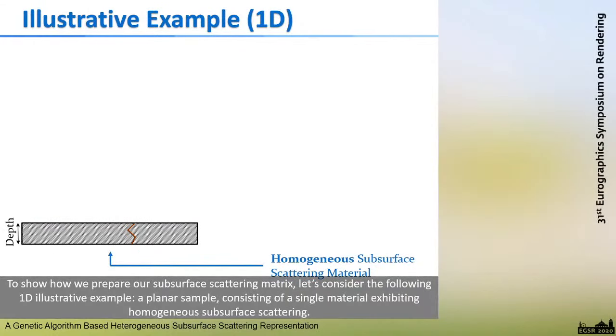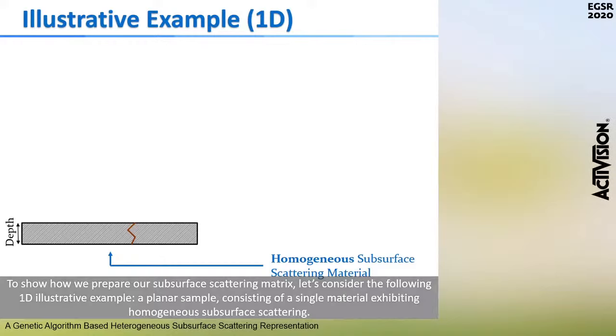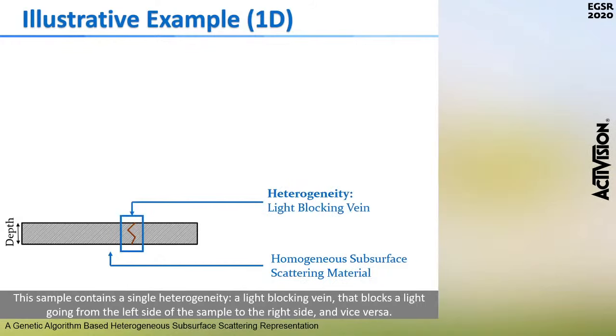To show how we prepare our subsurface scattering matrix, let's consider the following one-dimensional illustrative example. A planar sample consisting of a single material exhibiting homogeneous subsurface scattering. This sample contains a single heterogeneity, a light-blocking vein, that blocks light going from the left side of the sample to the right side and vice versa.